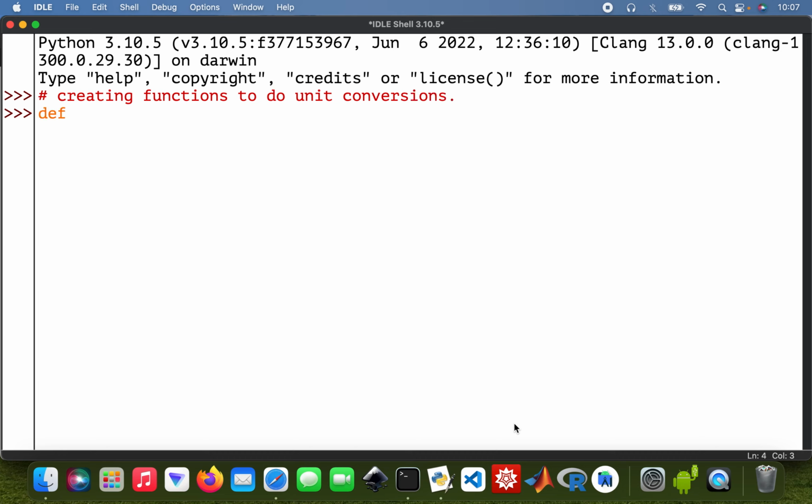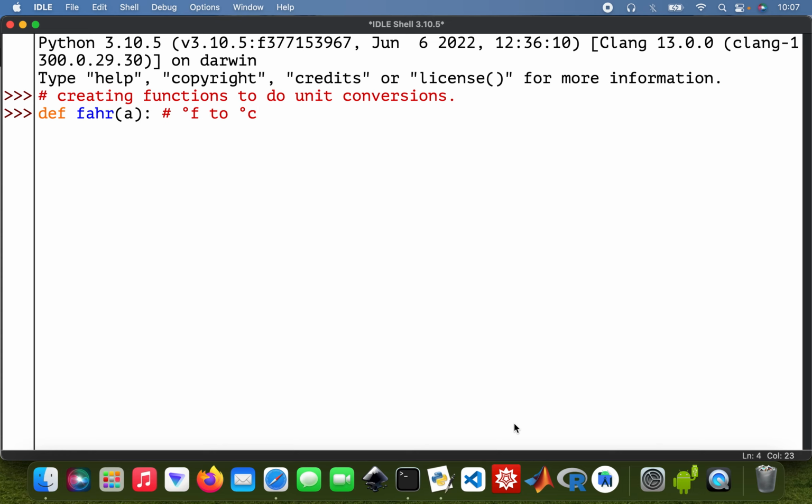So I'll define this, then Fahrenheit. I should call it far A. So let's convert Fahrenheit to degrees Celsius.